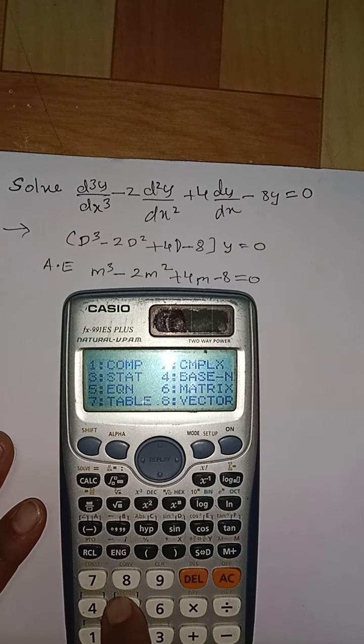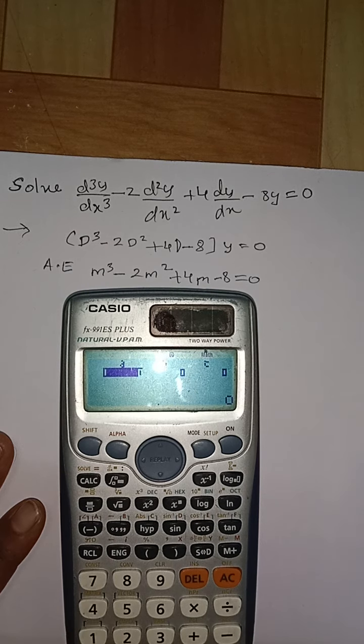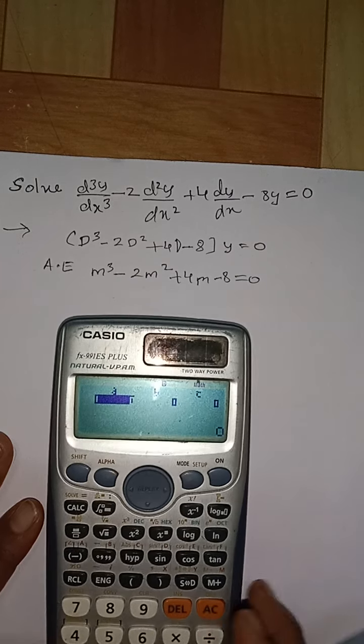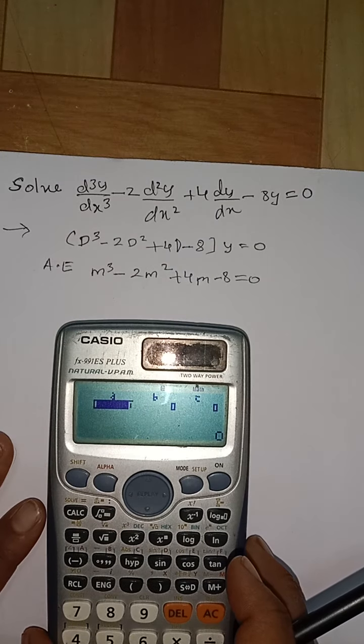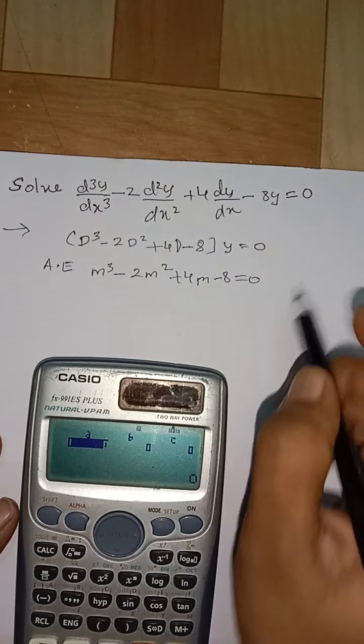So press 5. Then which type of equation you have? It's a quadratic or it's a cubic. So it's a cubic, so it stands on 4. So press 4. And then you should write the coefficient of m cube, m square, m and the constant. So coefficient of m cube here is 1.